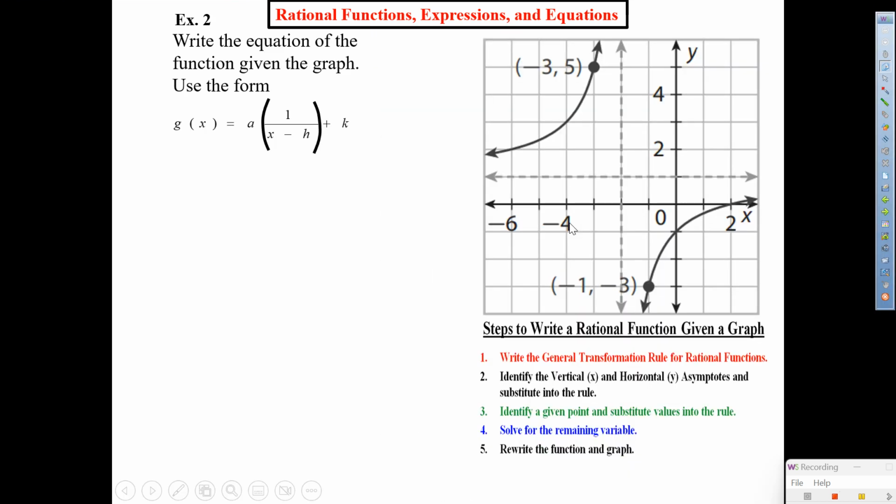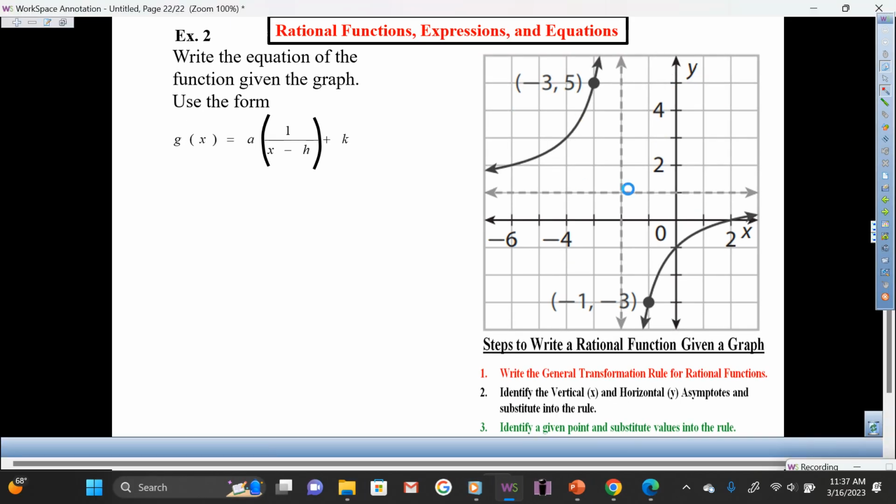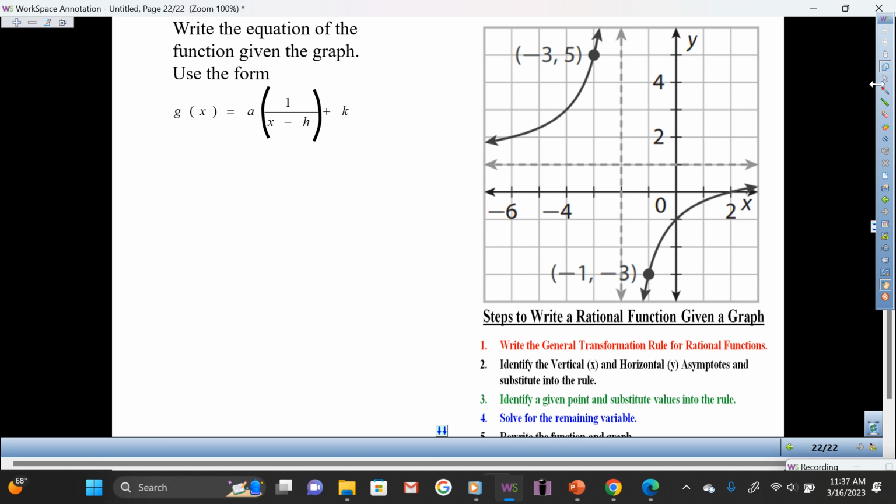Copy this one. Example 2. So, copy this graph. I'm going to give you some time to do that, but let me show you the asymptotes. There's that one, the blue one. There's the red one.